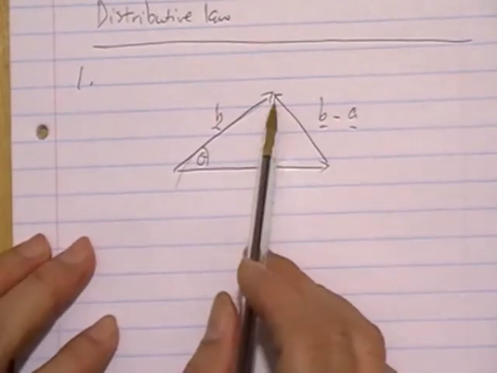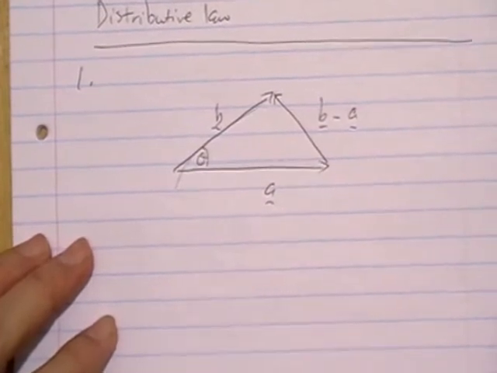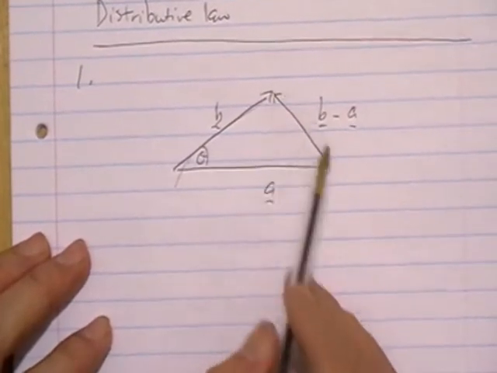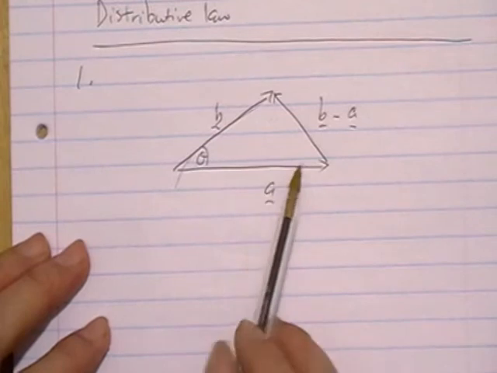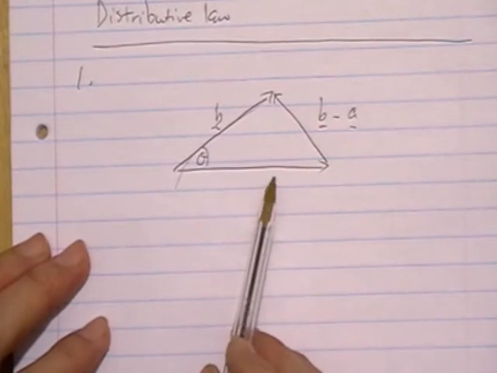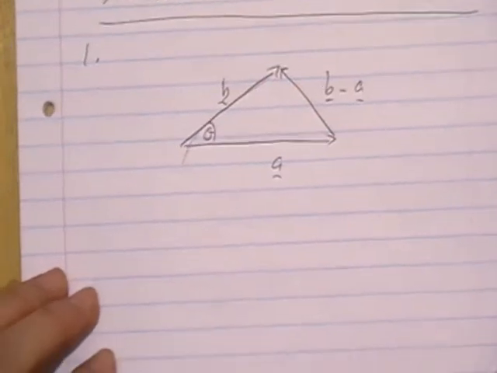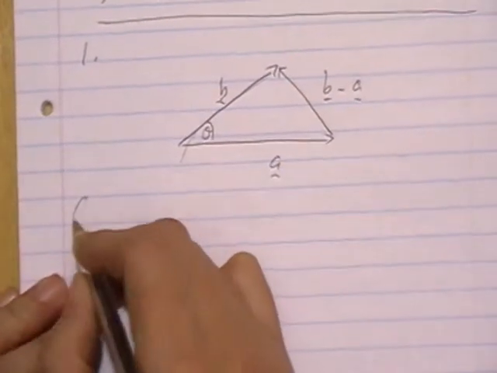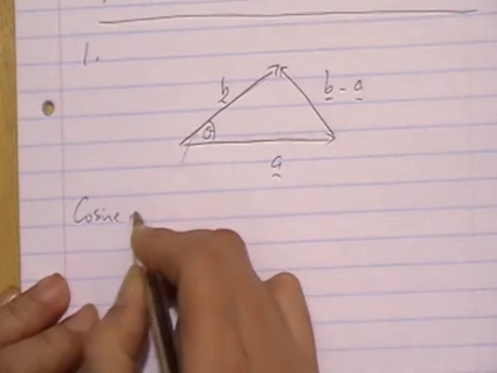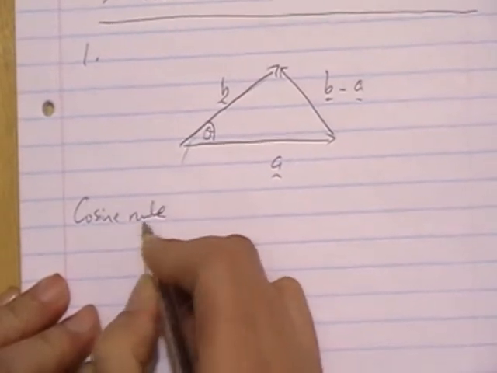And then make use of the cosine rule to relate this length with the length A, B, and the angle. Let me write down the cosine rule.